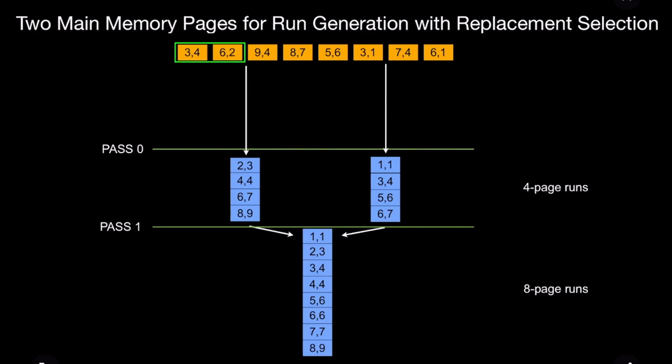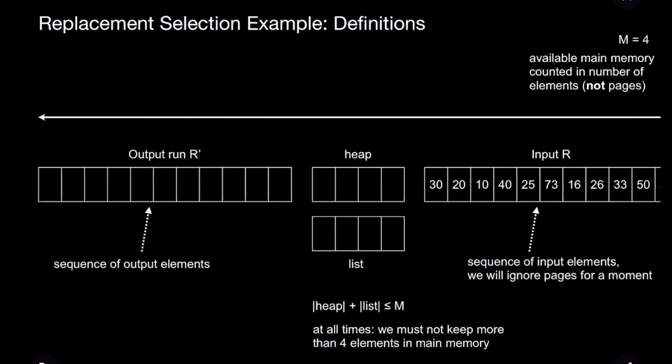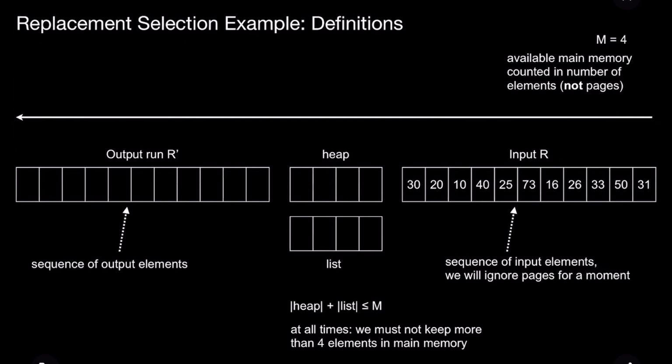So how would an algorithm look like that can create those bigger passes? It's called replacement selection, was first mentioned by Donald Knuth in his books. And in this example, we process data from the right to the left. So the input sequence I'm looking at is this. This is my input sequence. And I will start processing that sequence here with a 30, 20, 10, and so forth and so forth.